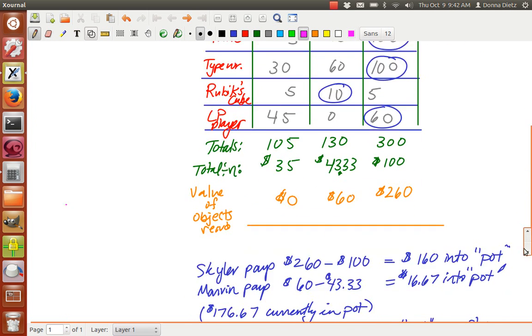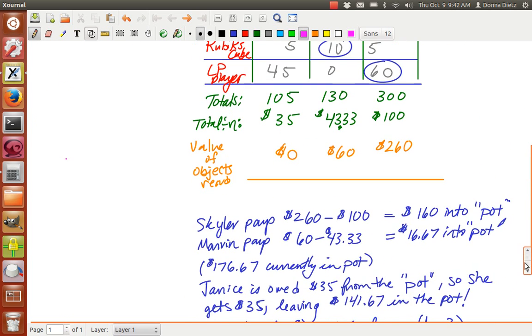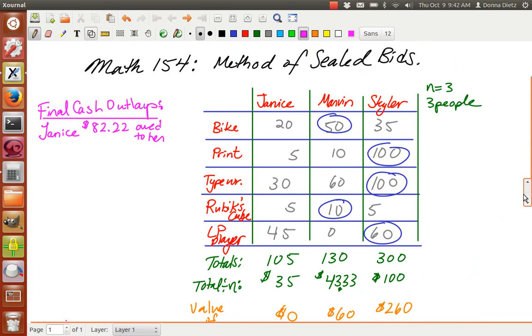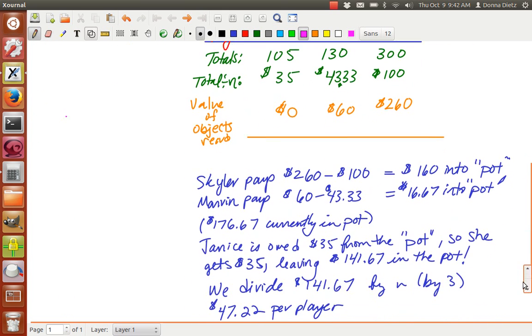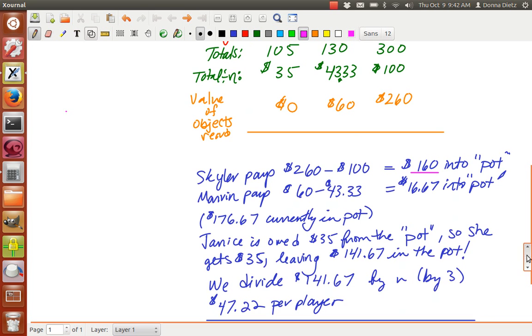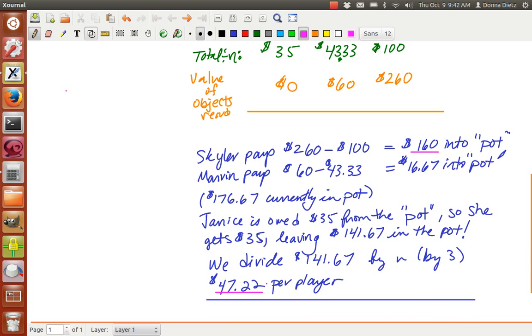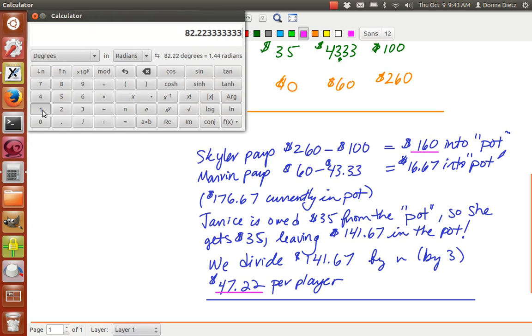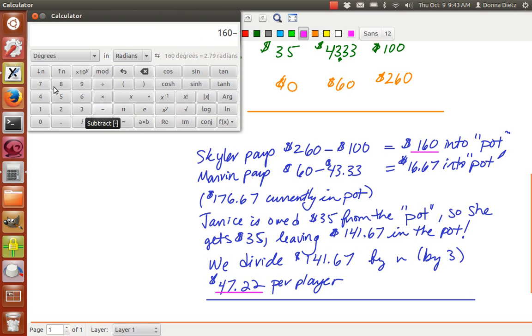But what's going to happen is Skylar owes the most initially. Skylar is the one who put 160 into the pot, but this is going to get subtracted because she owes 160. That's how much she thinks she's going to have to pay, but she gets like a coupon back for $47.22. So it's 160 minus $47.22.